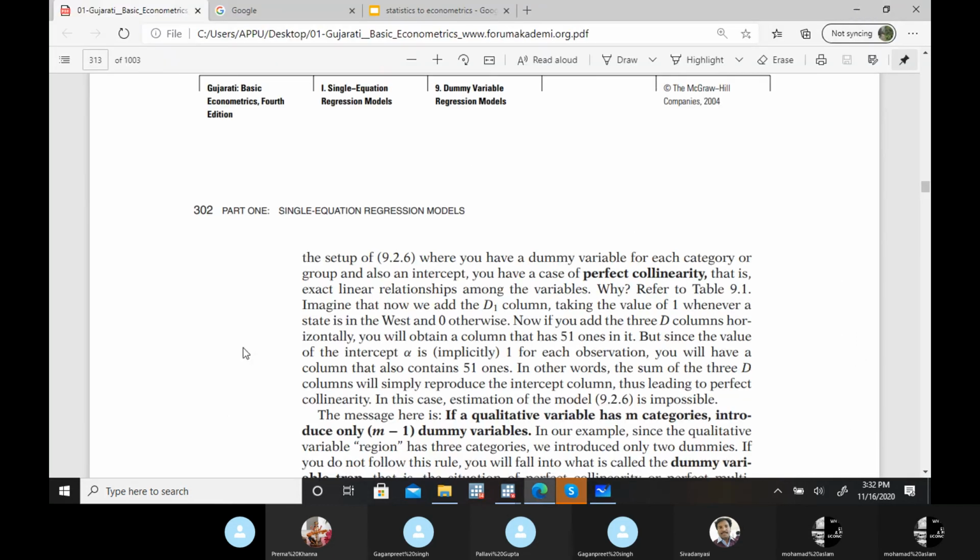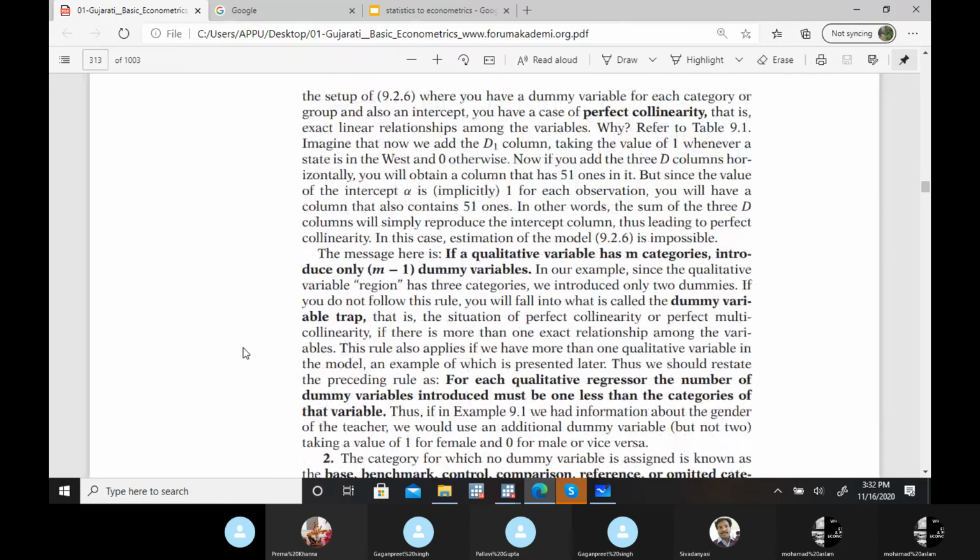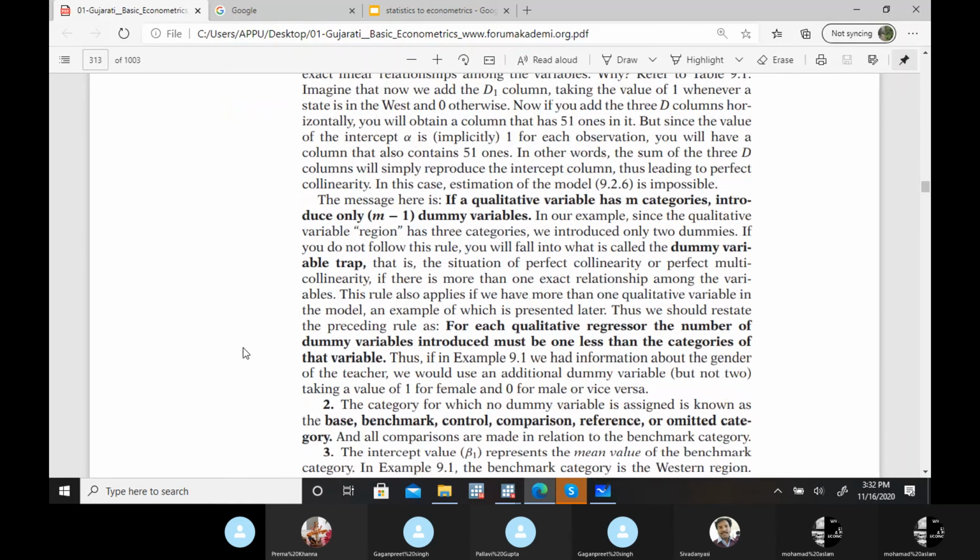So that's why we use m-1 variables; otherwise, we call it the dummy variable trap. So you have to introduce m-1 dummy variables. I hope it's clear why introducing all the categories as dummy variables in the regression model is a problem.